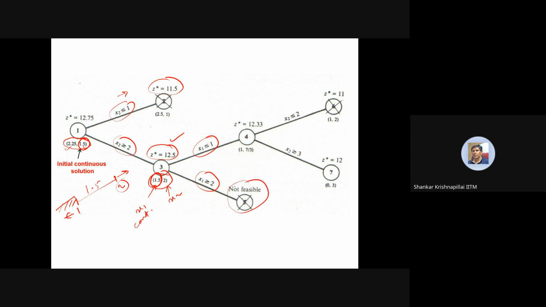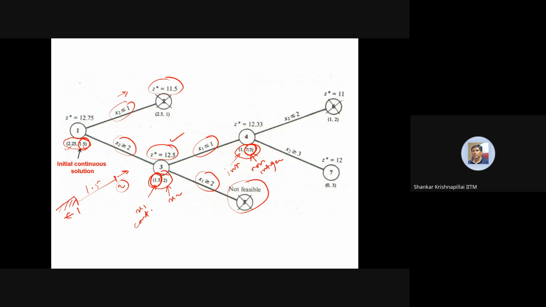So this will give infeasible solution. This will give a solution 1 and 7/3. Okay. So you can see that this is non-integer. And x1 is integer. So we have to force 7/3 to reach the nearest integer.